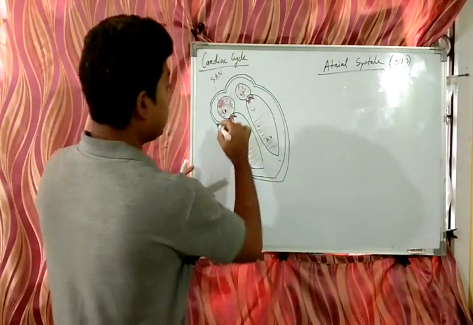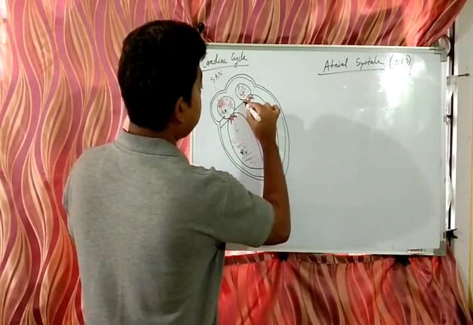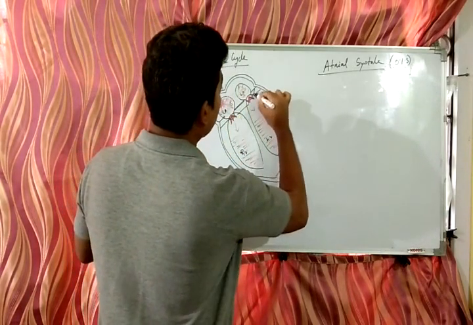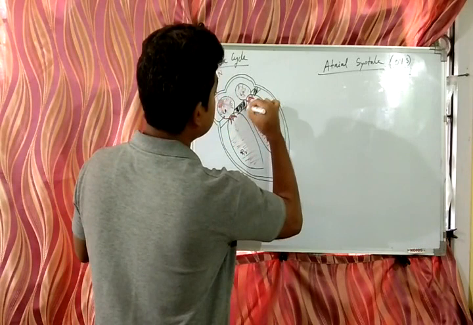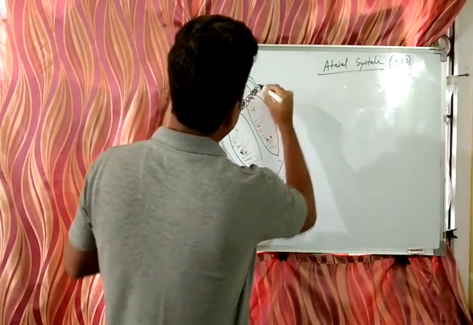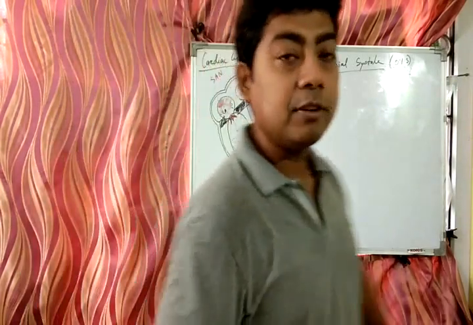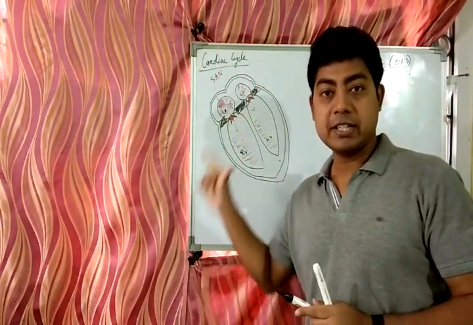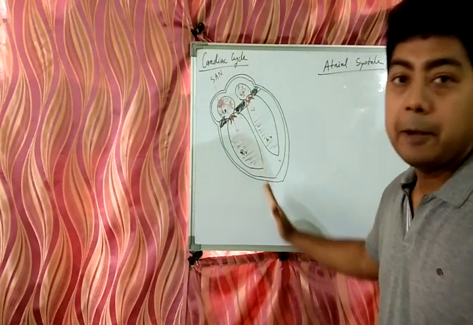Why? Because in between the atrium and ventricle, a membrane is present which prevents the stimulation or action potential from moving directly to the ventricle.